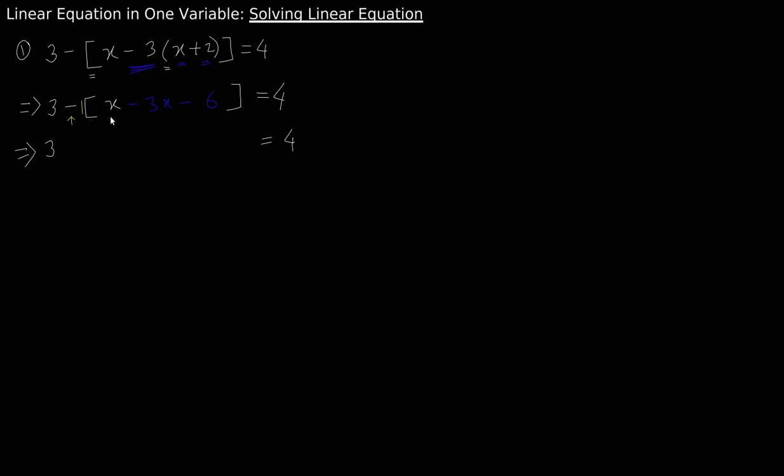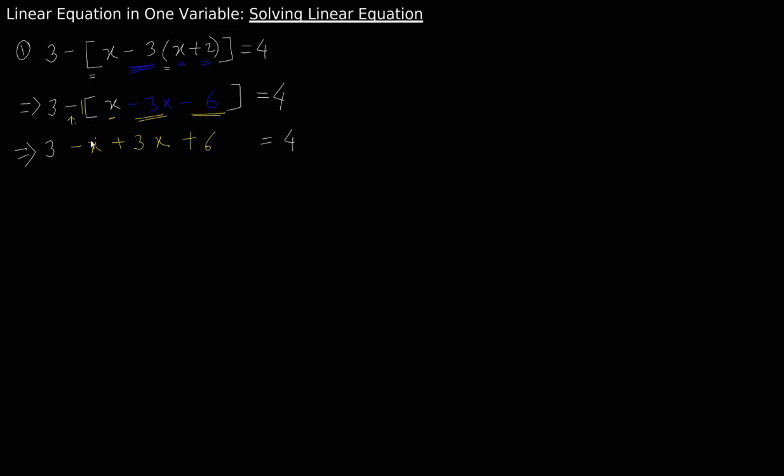So minus 1 multiplied by x is minus x. Minus 1 multiplied by minus 3x is plus 3x. Then minus 1 multiplied by minus 6 is plus 6.